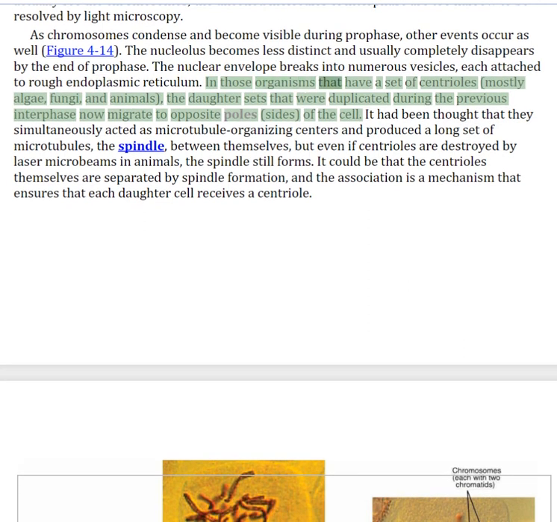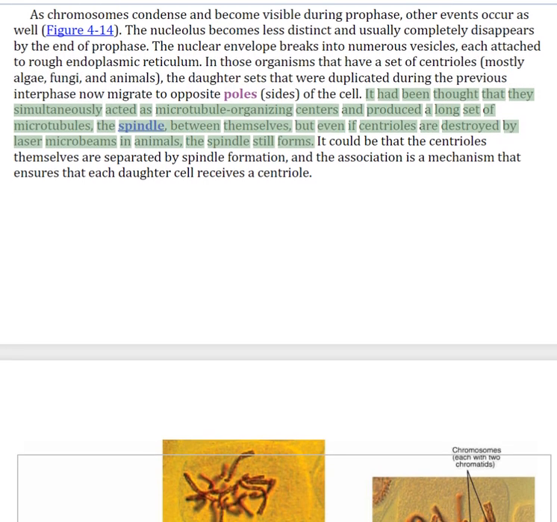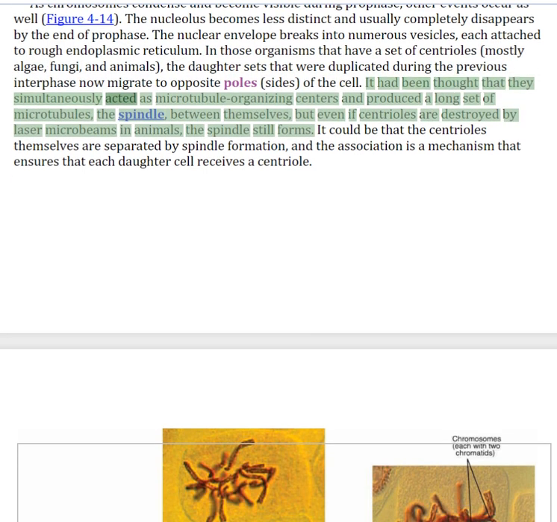In those organisms that have a set of centrioles, the daughter sets that were duplicated during the previous interphase now migrate to opposite poles of the cell. It had been thought that they simultaneously acted as microtubule organizing centers and produced a long set of microtubules, the spindle, between themselves, but even if centrioles are destroyed by laser microbeams in animals, the spindle still forms.